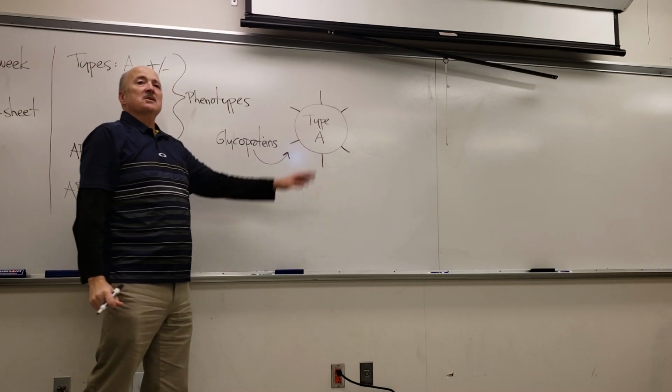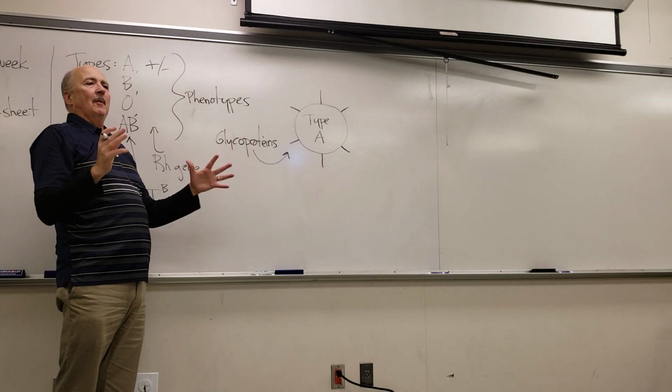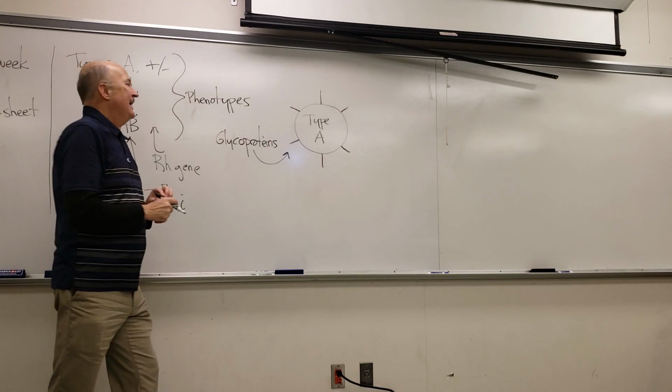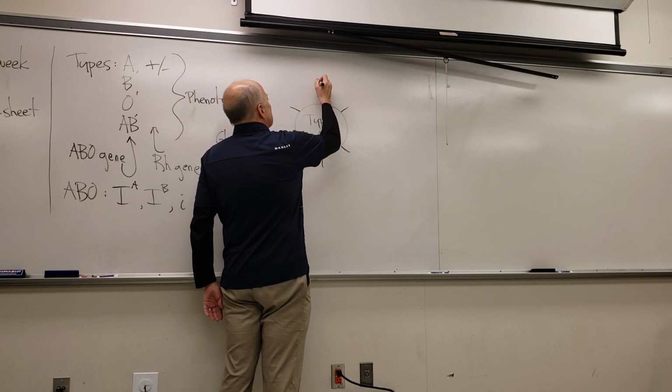Always a protein that's embedded in the plasma membrane, and then with this little carbohydrate tag that is extending out past the cell, and that is marking what kind of an antigen it is.